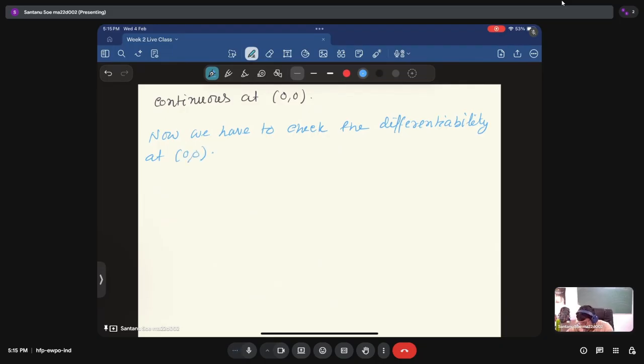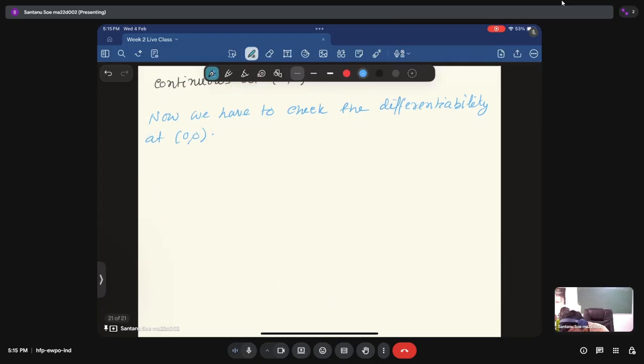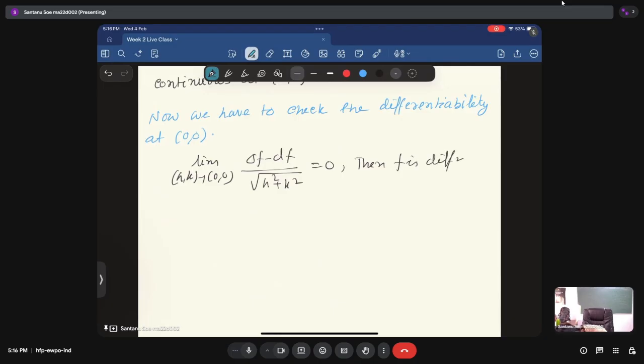Correct? So what was the definition of differentiability at (0, 0)? It says that if the limit as (h, k) tends to (0, 0) of (Δf minus df) divided by the square root of h square plus k square is 0, then f is differentiable at (0, 0). So we have to check this.